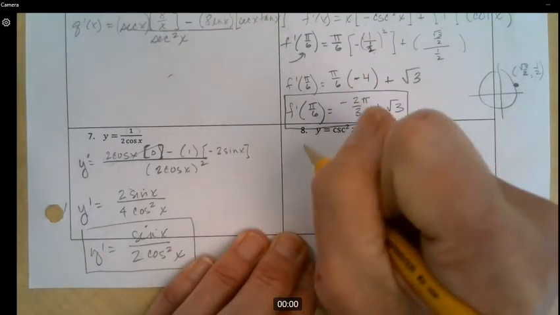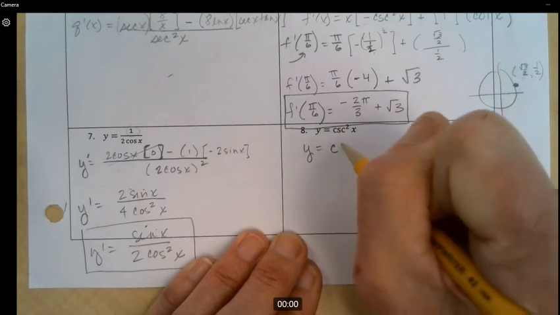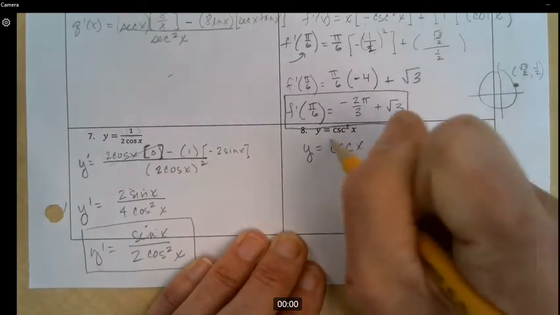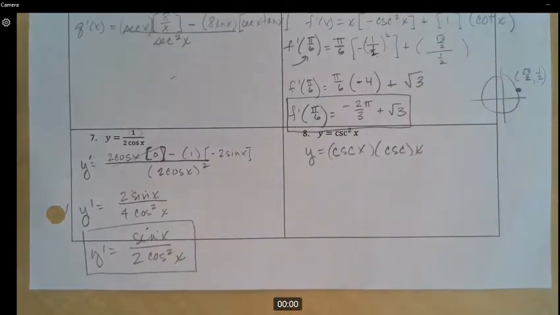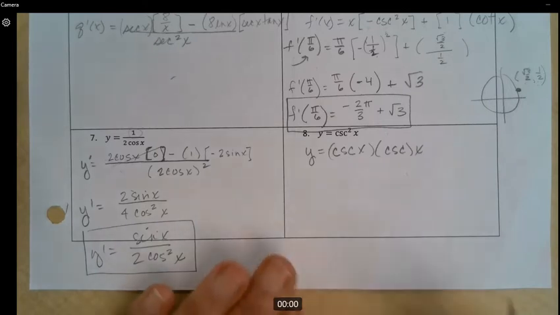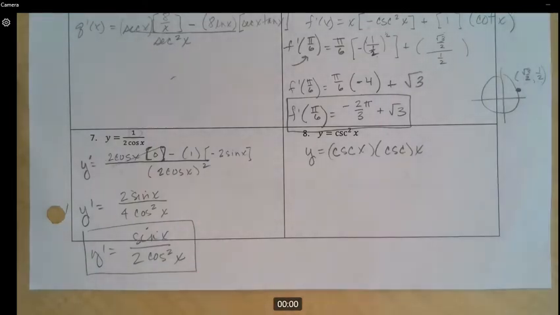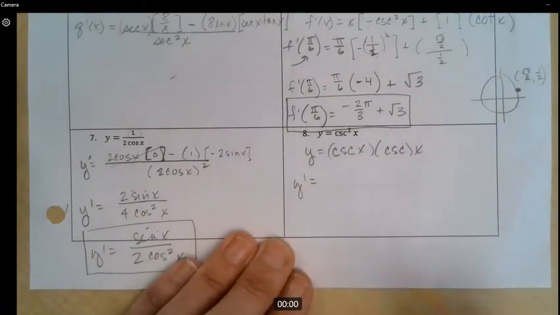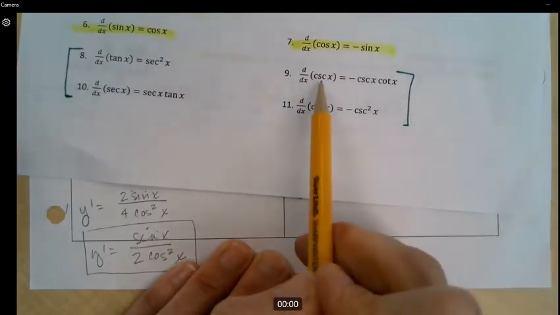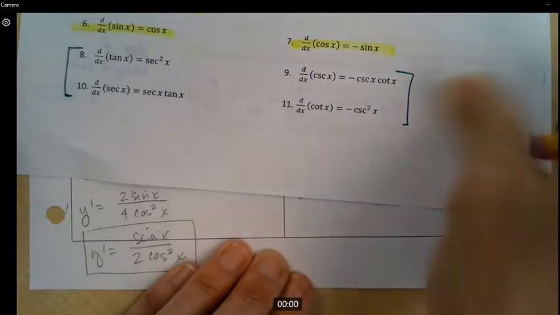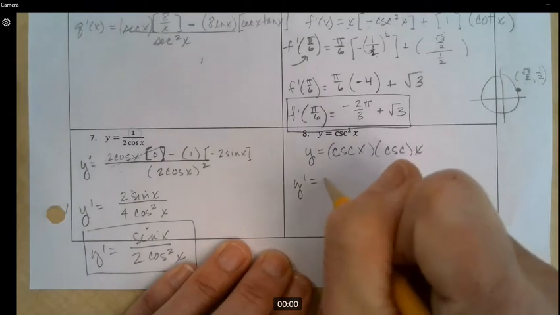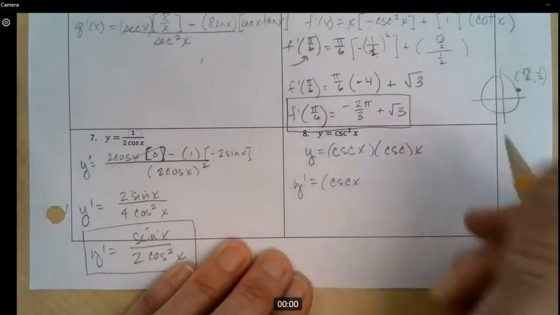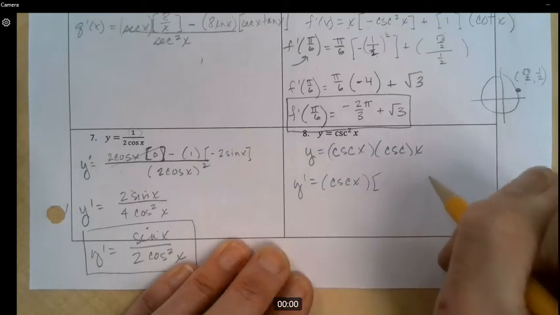So this one will help you out if you see cosecant of x times cosecant of x. That's going to be our product rule. Henry, grab a, we're just going over homework. Y prime, if I go back to my cosecant rule, there it is. So I have my first term times the derivative of my second.